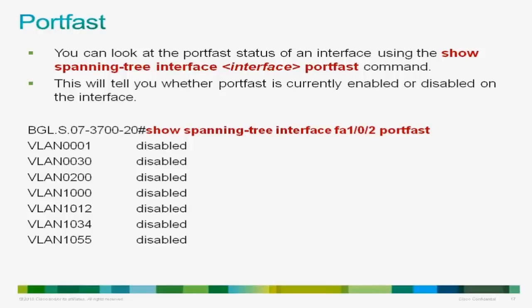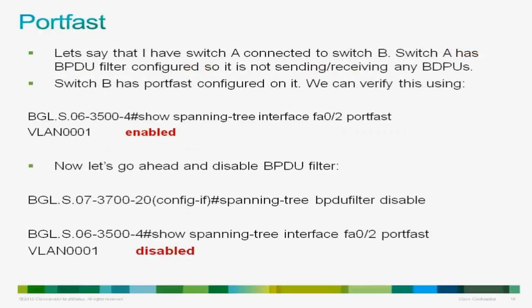I've gone ahead and done it for a single interface as well, and that's what you see here. I just used two switches, switch A and switch B. Switch A was the designated port, so switch A was supposed to send BPDUs to switch B. What I did was I put a BPDU filter on switch A, so switch B was no longer receiving anything.